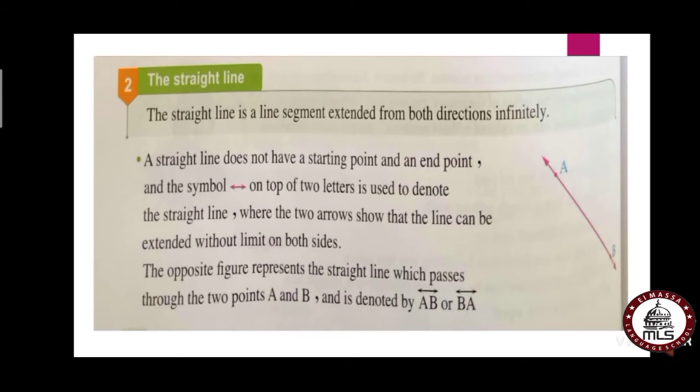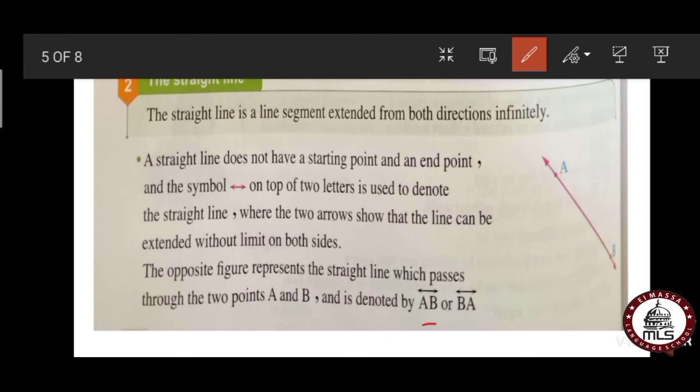Number 2, straight line. The straight line is a line segment extended from both directions infinitely. As we see here, it doesn't have a starting point or end point, and it is denoted by straight line AB or straight line BA.